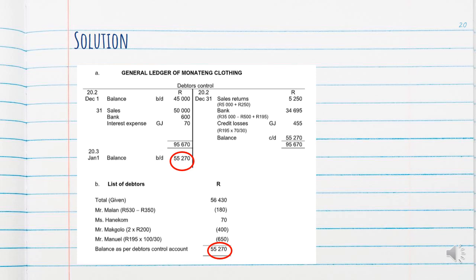That is your aim of reconciliation, to balance your debtors control and your list of creditors to make sure that they equal each other. And I think a lot of people forget why we actually do this. Why do you think it would be important for them to be equal to each other? That is because you want your information to be relevant and faithfully represented and measurable. So you're going back to chapter 1, your conceptual framework.